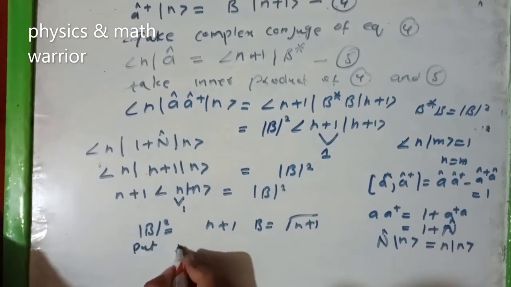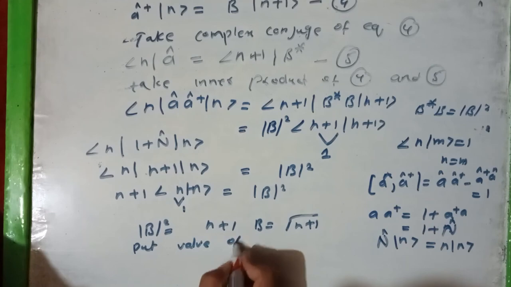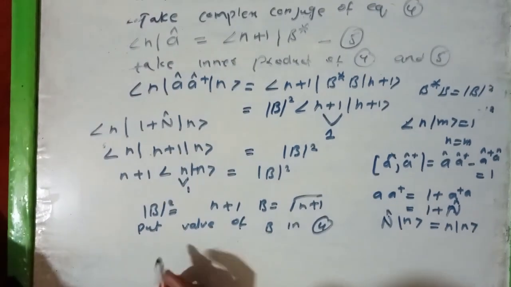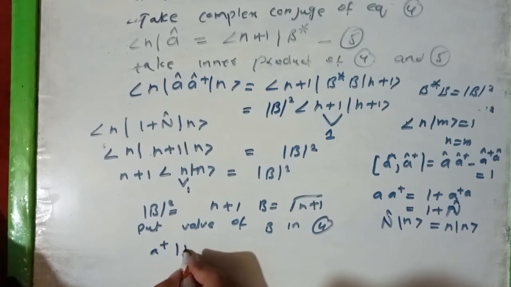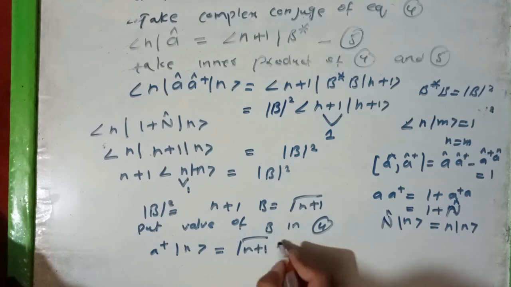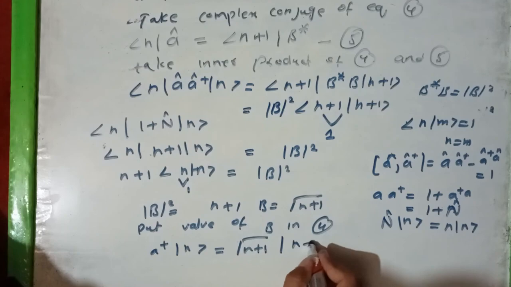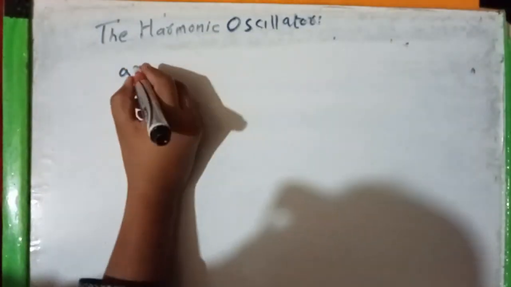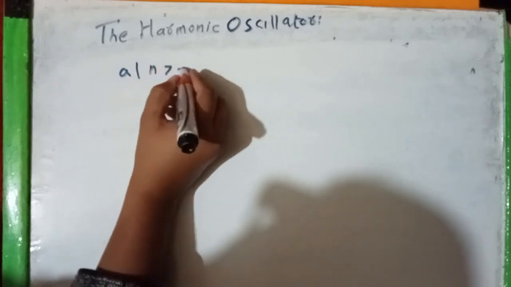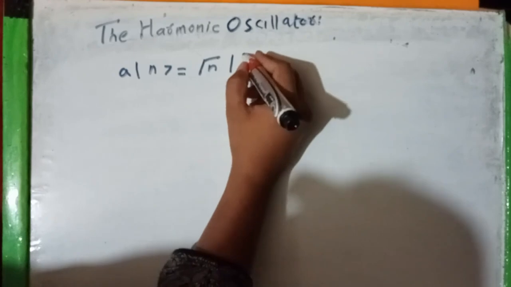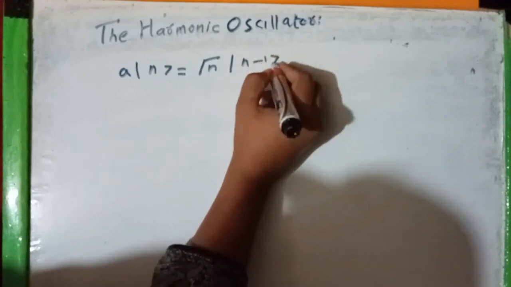Put the value of B in equation 4. So when a dagger acts on state n, it gives us eigenvalue square root n plus 1 with the state raised by 1. Since a acts on state n, it gives eigenvalue square root n with the state lowered to n minus 1.